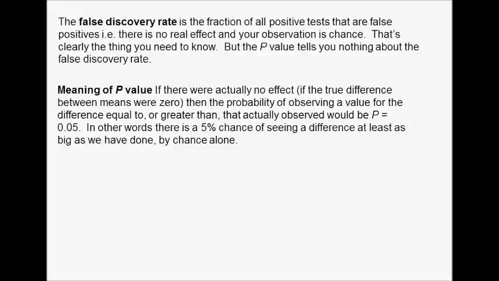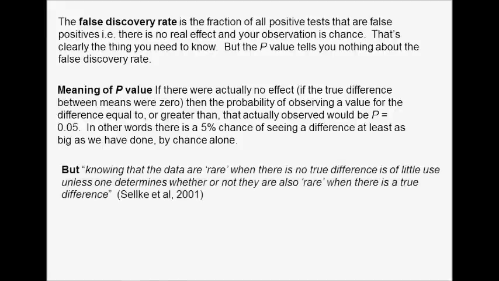You might at first sight think that that means that the false discovery rate is 5%, but it doesn't. And the neglect of the fact that it doesn't is possibly a cause of much of the irreproducibility which has become a great topic of conversation recently.